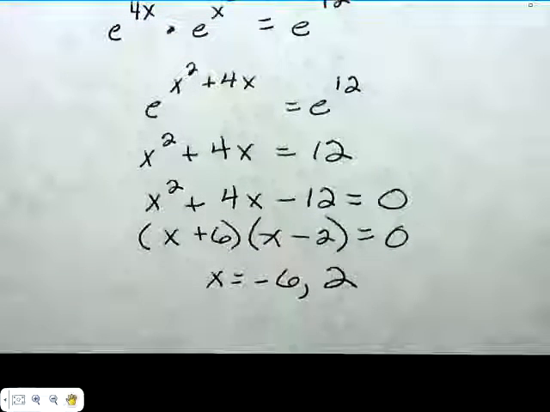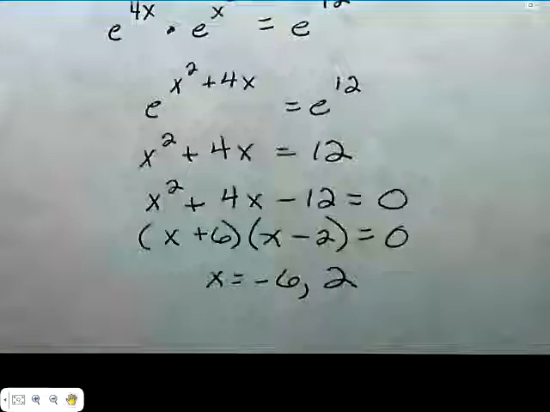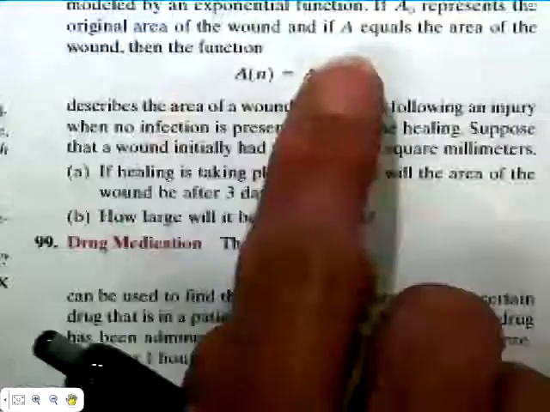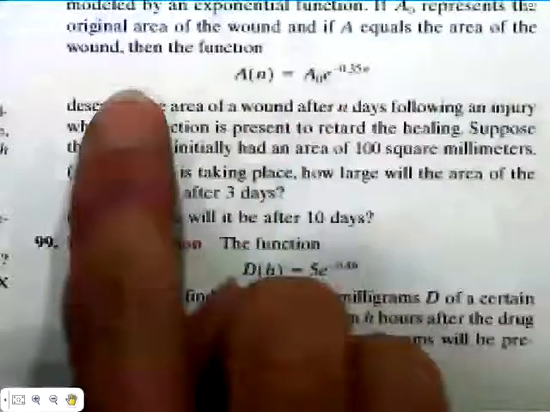The only thing that I did not have time to do, it sounds like a scary thing to leave out because it's a word problem. But really they give you an equation, they tell you a number to put in the place of the variable, and it's a calculator problem.